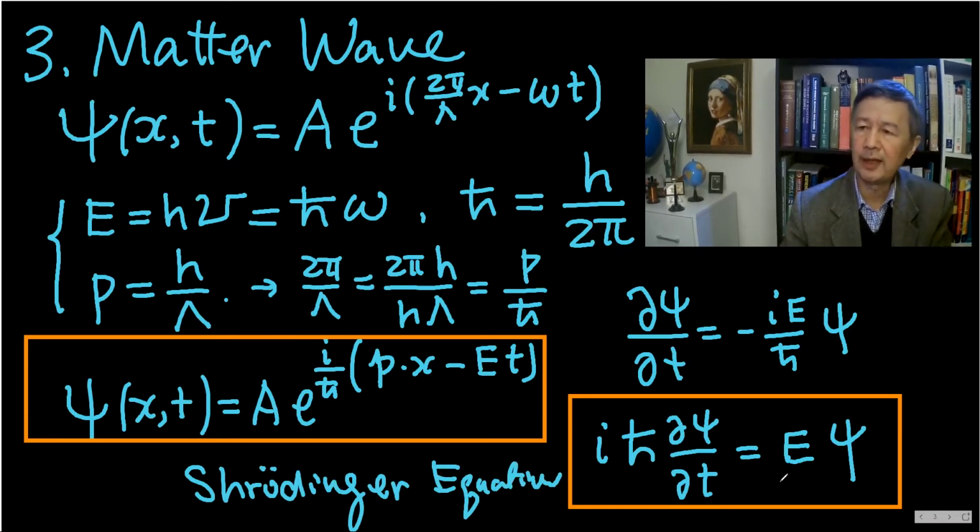Of course, this is an incomplete Schrodinger equation. At least it provides some idea of the relation between the partial derivative of the wave function with respect to time and the energy. Okay.